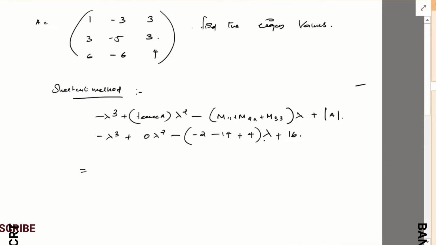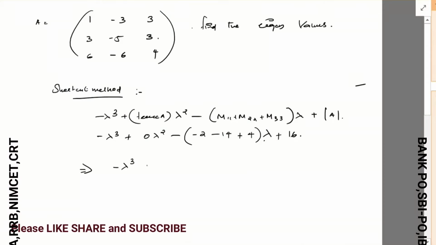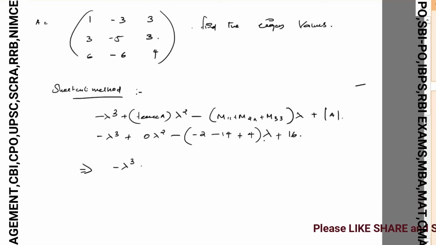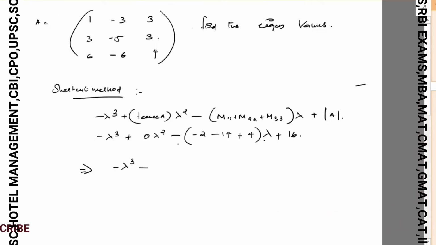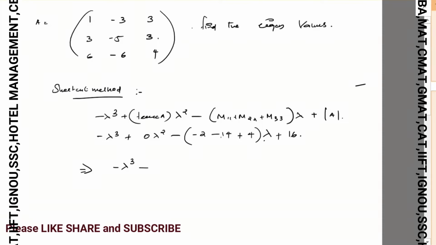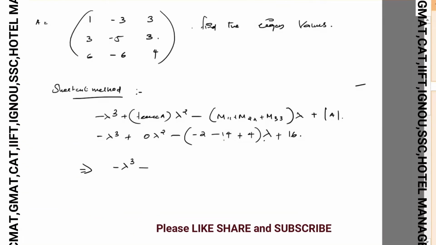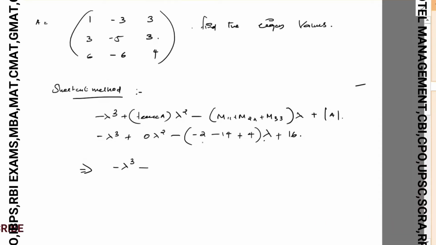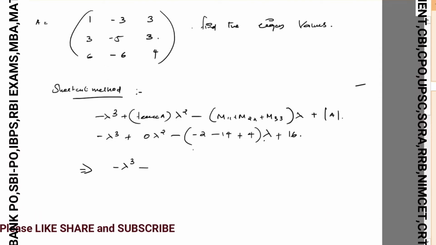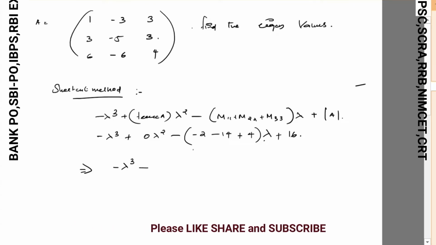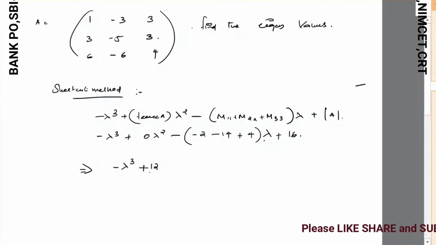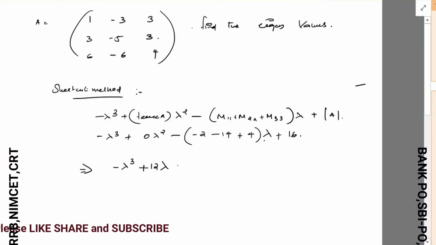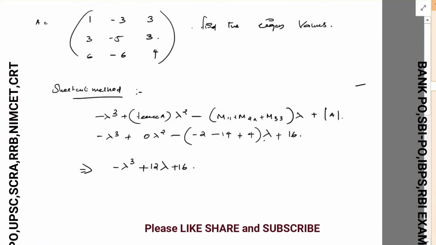So now what? We can simplify this, which will be minus lambda cube plus 0 lambda square minus of (minus 2 minus 14 plus 4), which will be minus 12. So minus of minus 12 will be plus 12. So minus lambda cube plus 12 lambda plus 16.